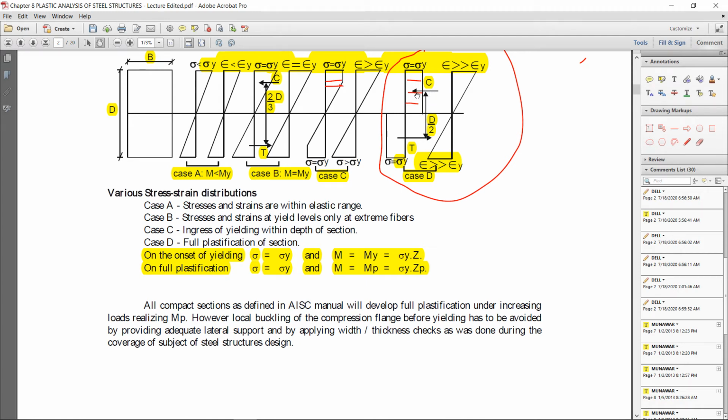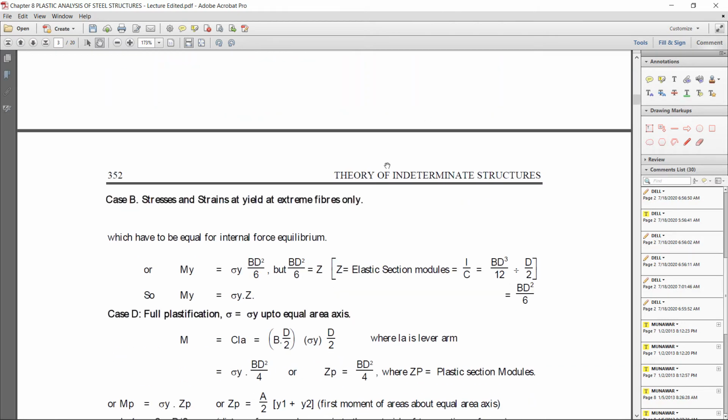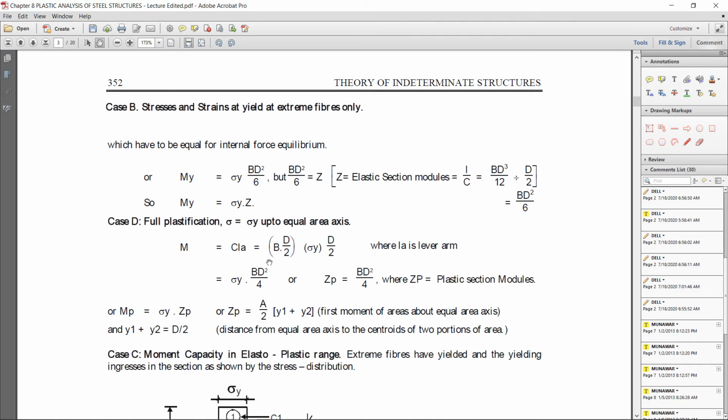Because the whole section has gone under plastification, the force will act at the center. So the total distance is d, and half of it will be d by 2. That is why it is multiplied with d by 2. Sigma y, the answer will become b d square by 4.